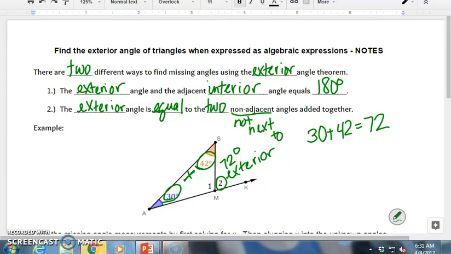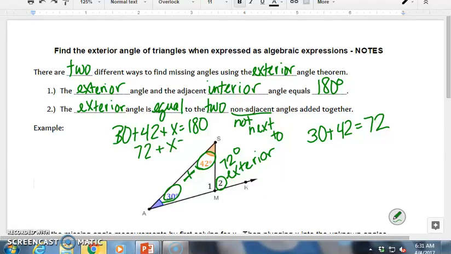Now yesterday, we didn't do it that way. Yesterday, we took 30 plus 42 plus the missing angle on the inside, and we subtracted it from 180 because we know the three interior angles of a triangle equal 180.